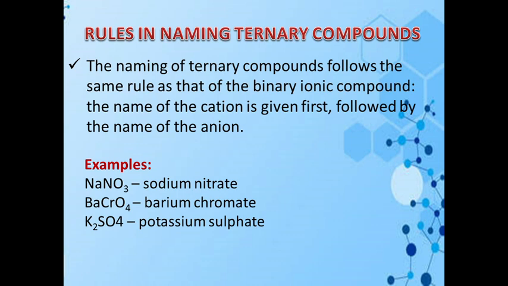For examples, we have sodium nitrate: sodium is a metal and nitrate is a polyatomic ion. Barium chromate: barium is a metal and chromate is a polyatomic ion. Next, potassium sulfate: potassium is a metal and sulfate is a polyatomic ion.